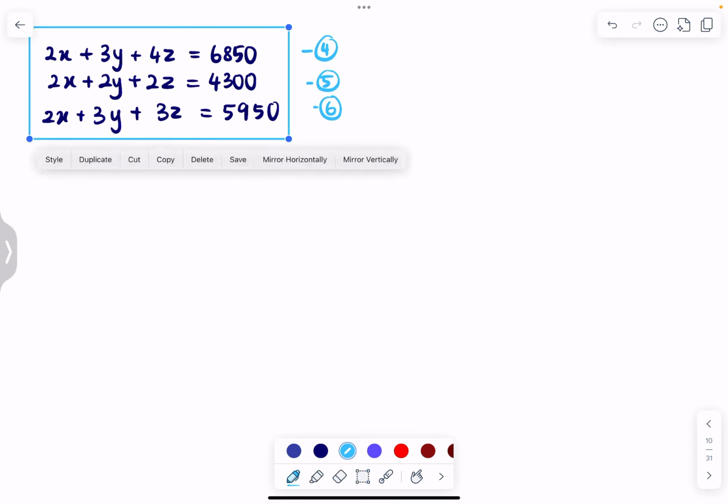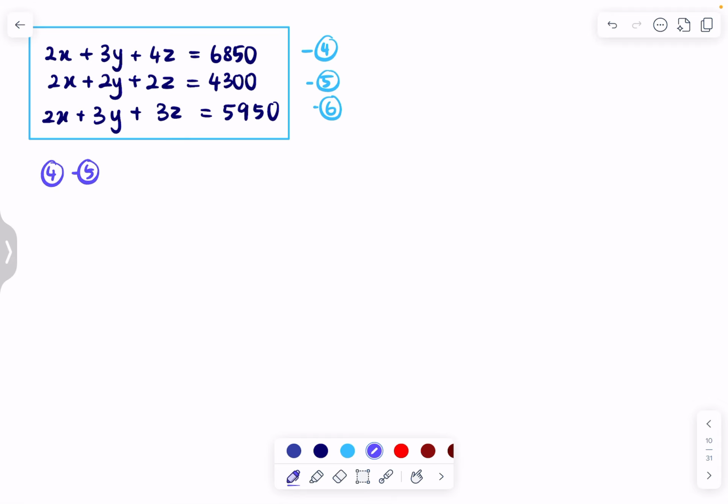Alright. Okay. Now from here what we can do is, let's change color. Okay, from here what we can do is, we can do equation 4 minus equation 5, and then equation 4 minus equation 6. Okay, why we minus? So that we can get rid of the x's.